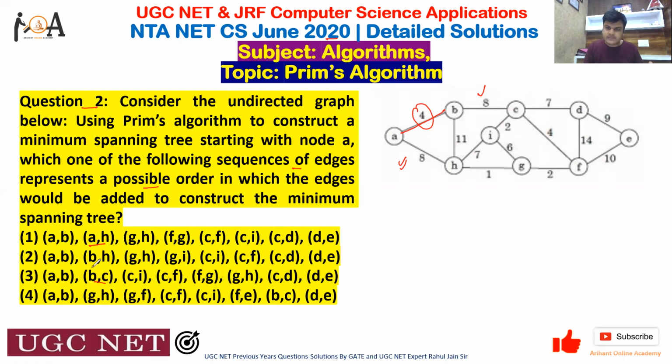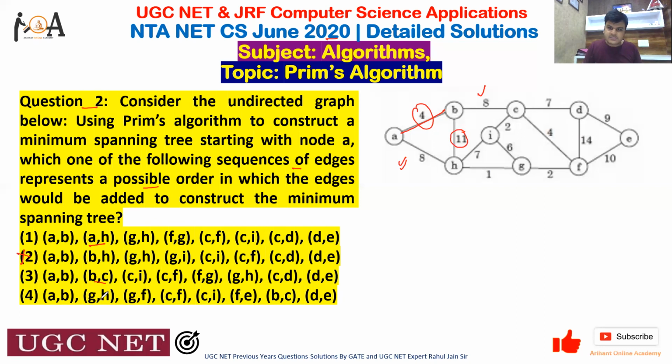But we cannot consider BH, because BH has weight 11, which is definitely false. Why is it false? Because the next time we need to choose the minimum weight, and 11 is greater than 8, so it is not a possibility. Hence option B is false.